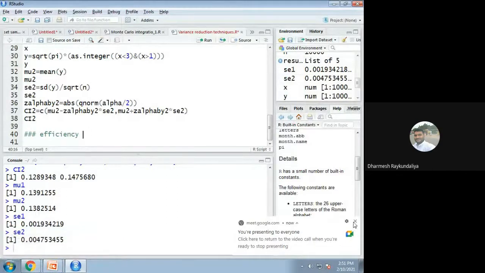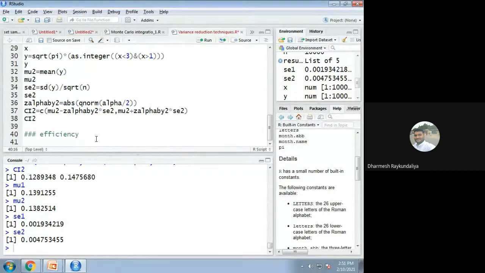So what is the problem? The estimated amount of reduction in variance is standard error of 1 square minus standard error of 2 square, divided by standard error of 1 square.